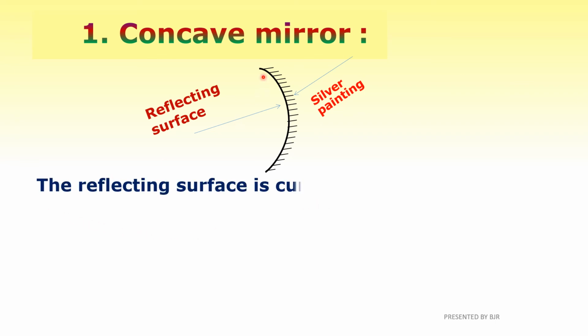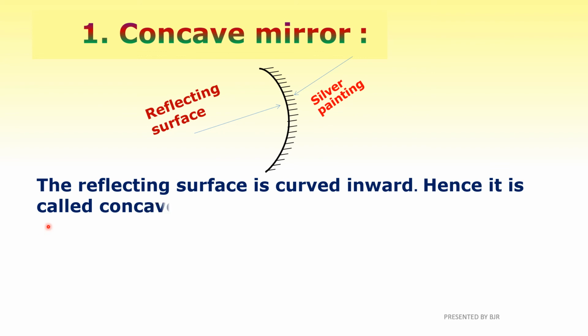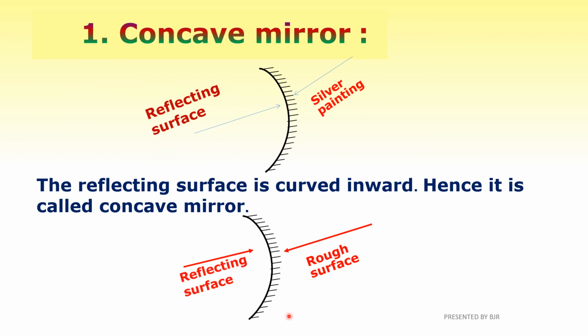The reflecting surface, this one, is curved inward, hence it is called concave mirror. You can see here also, this one is the rough surface and this one, the inner surface, is the reflecting surface.